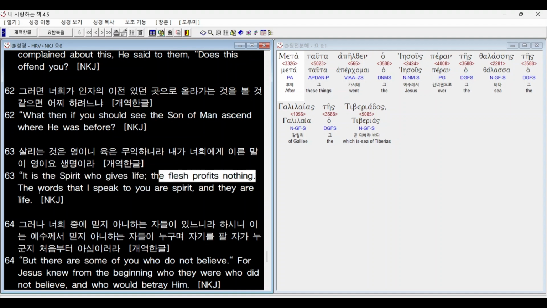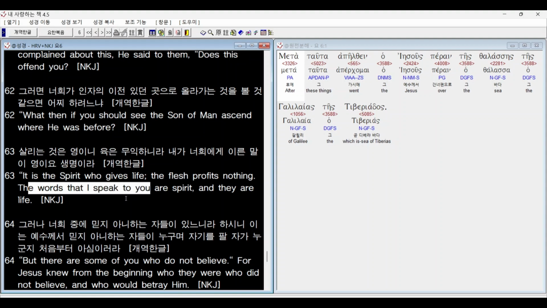The flesh profits nothing. The words that I speak to you, from the mouth of Christos Jesus, the words coming out, that is what? Spirit. We just looked at Revelation 16. Mouth of the dragon, mouth of the beast, mouth of the false prophet: they are the spirit of demons, unclean spirits. But Christos Jesus speaks the words coming from his mouth, the Spirit of God, which is the Holy Spirit. And they are life, which is God's life, resurrection life.